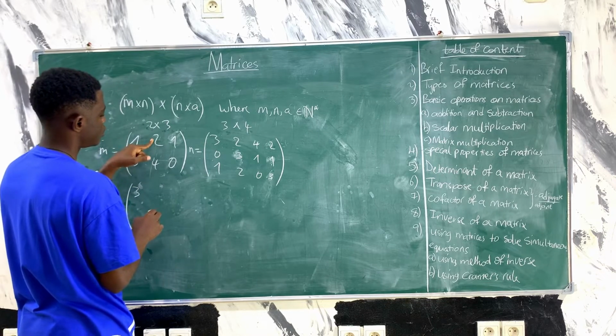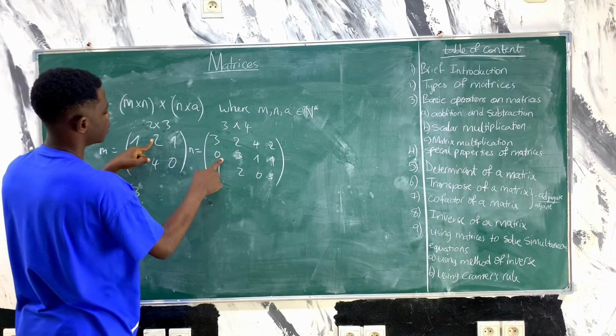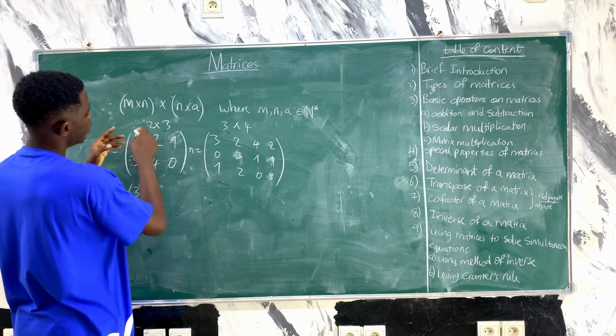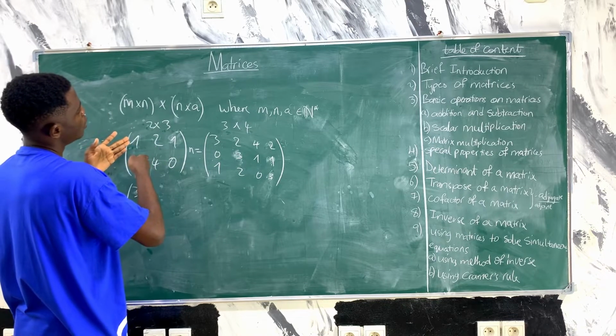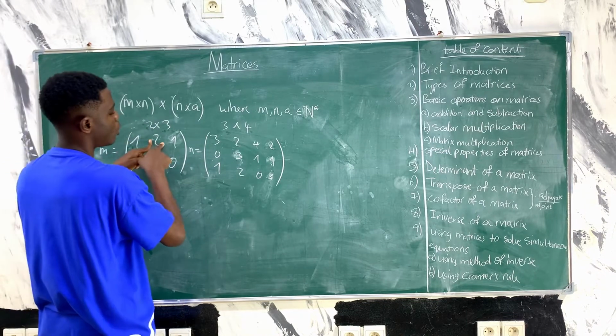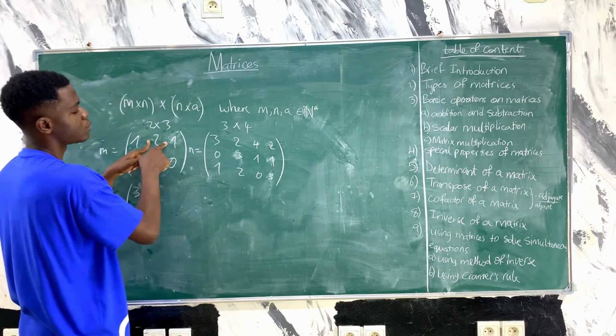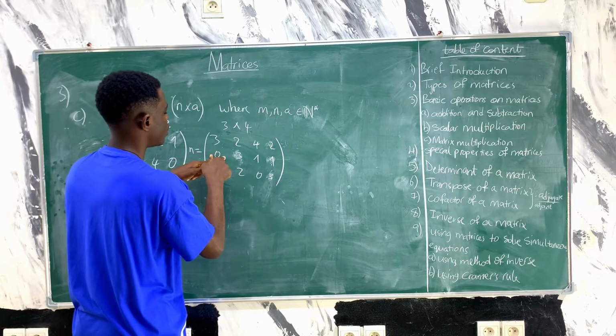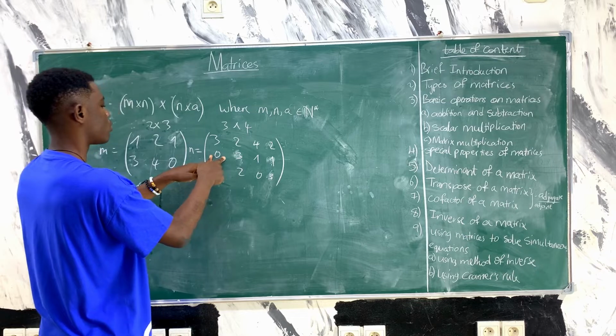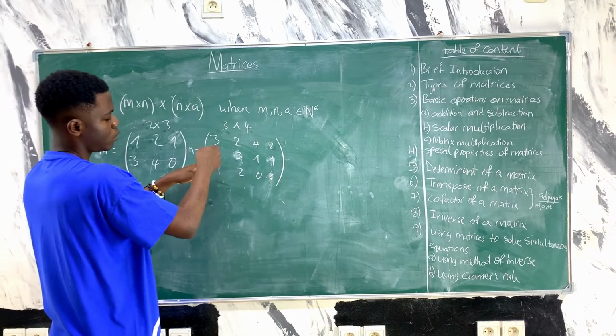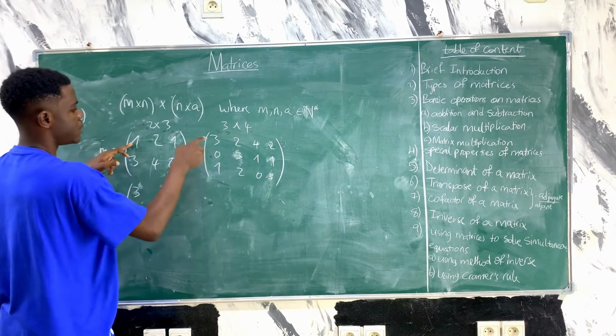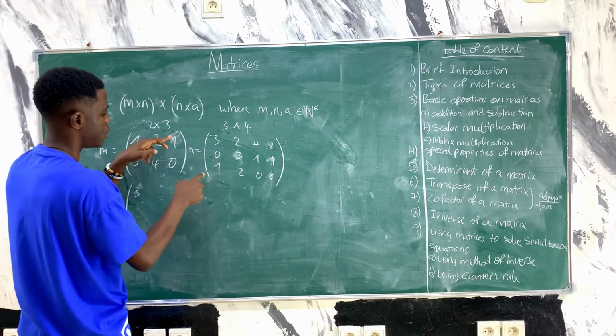We go to the second times the second down. The second horizontal row, vertical column, the second column on the first row, and the first column on the second row. So we do this times this, then this times this, then this times this.